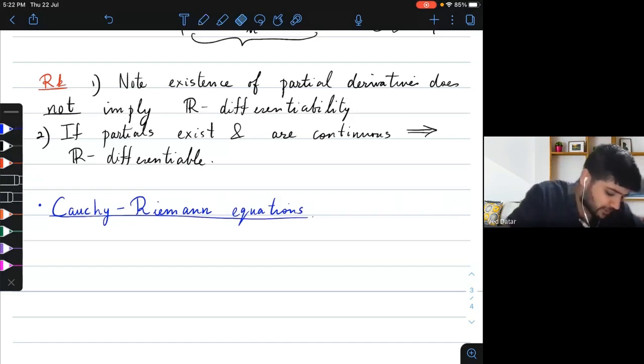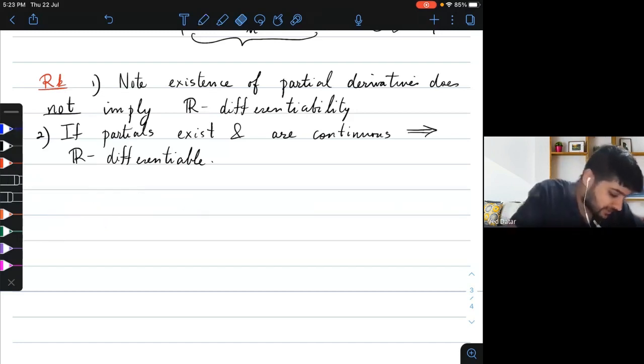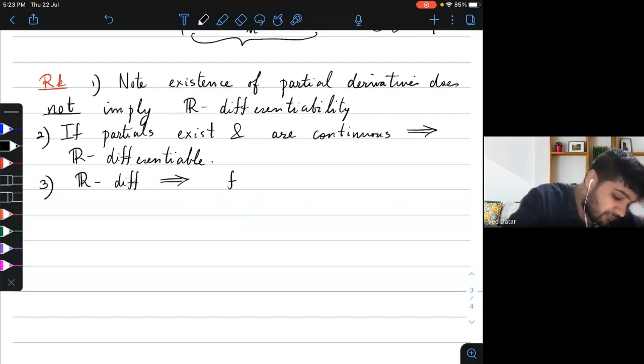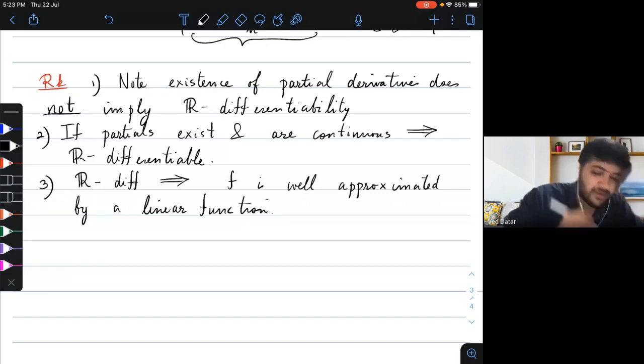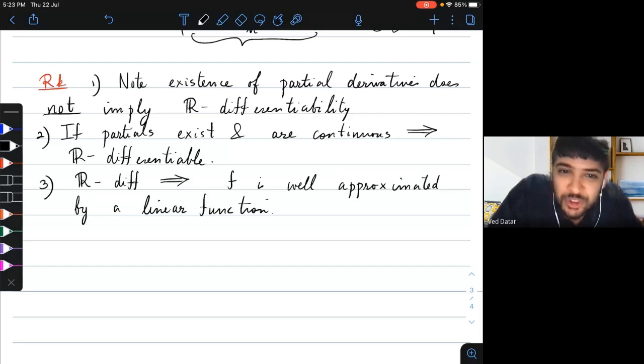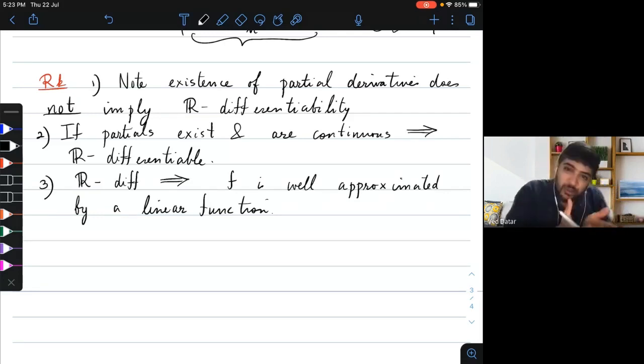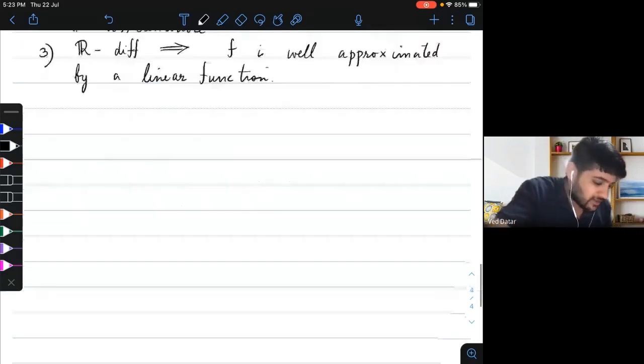Before I go on to this, maybe I should say another thing about R differentiability. R differentiability implies that f is well approximated by a linear function. Essentially this notion comes about because you want a good linear approximation to your function.